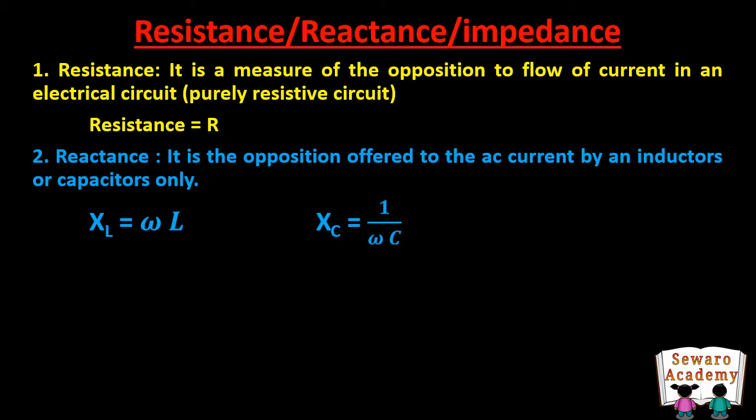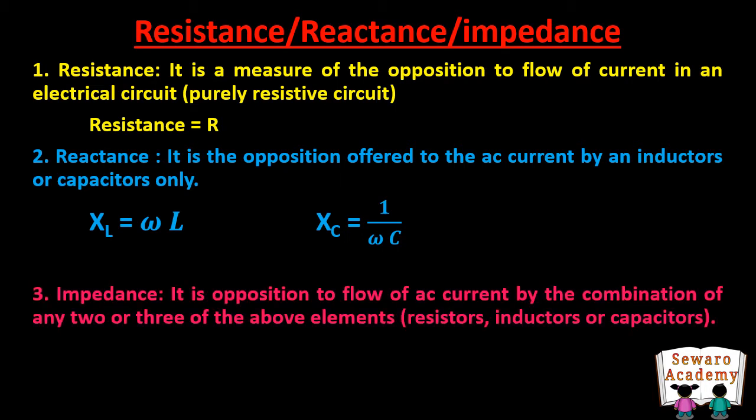Now at last, we define impedance as the opposition to the flow of AC current by the combination of two or more of the above elements, which are resistors, inductors or capacitors. So if a circuit contains resistors, inductors and capacitors, then the opposition to the flow of AC current we call impedance.